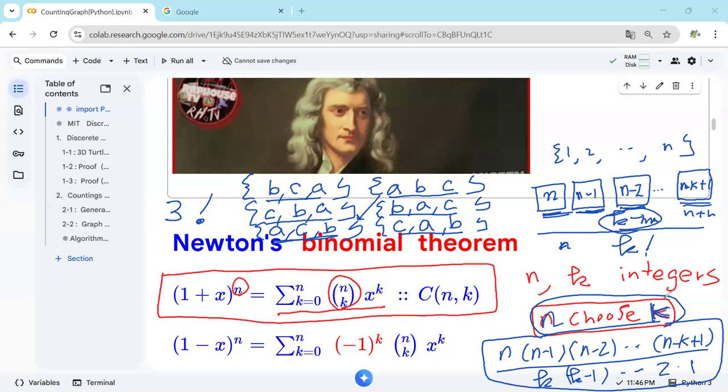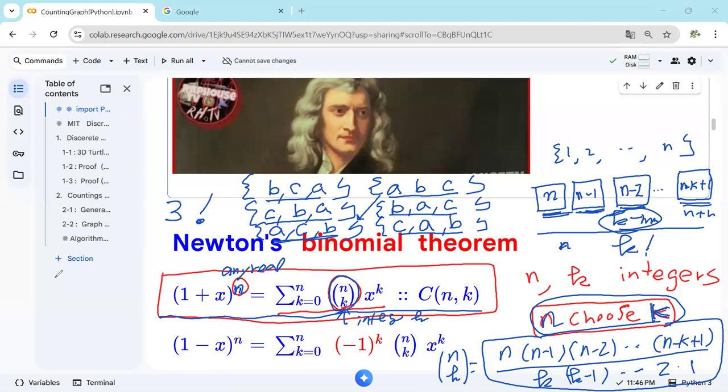This is n choose k when n is an integer and k is also an integer. But Newton generalized it and found that this formula holds for any real number n, and integer k. So n choose k also holds for any n.